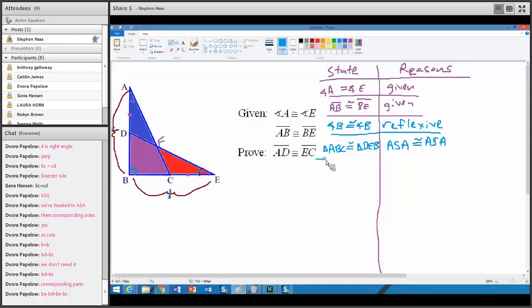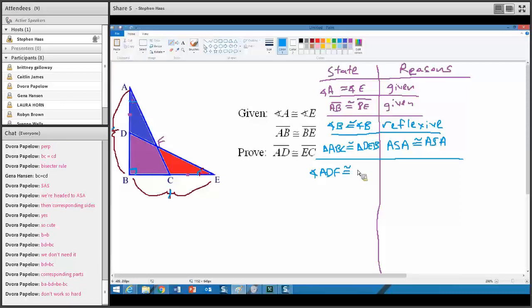Okay. Now I'm breaking it down to these smaller triangles. The smaller triangles, I'm doing ADF is congruent to triangle, not angle, triangle FCE.